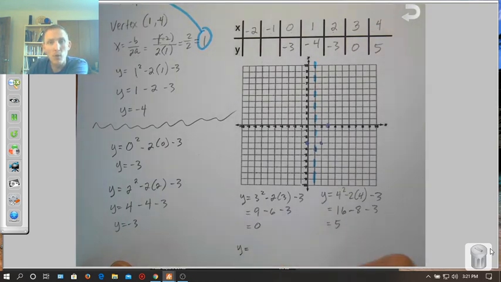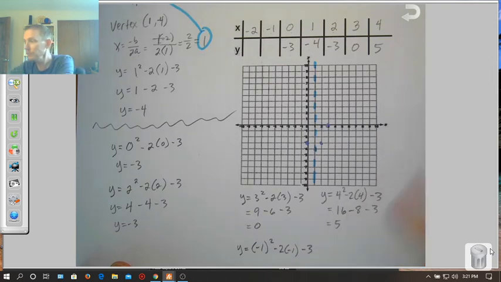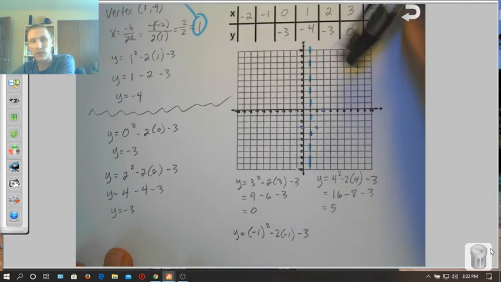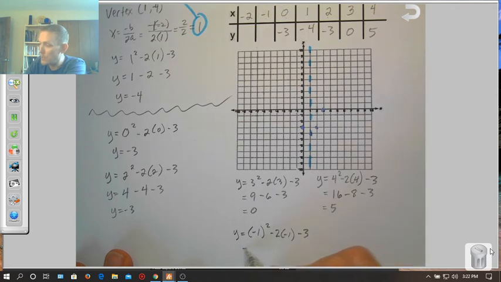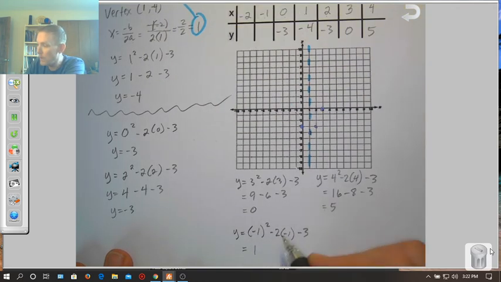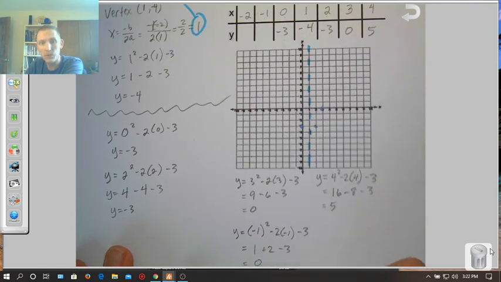Y equals, remember, when you plug in a negative number, be sure to use parentheses. So (-1) squared minus 2 times (-1) minus 3. If I scoot up there, this is going to be a +1 plus 2 minus 3, which sure enough equals 0.